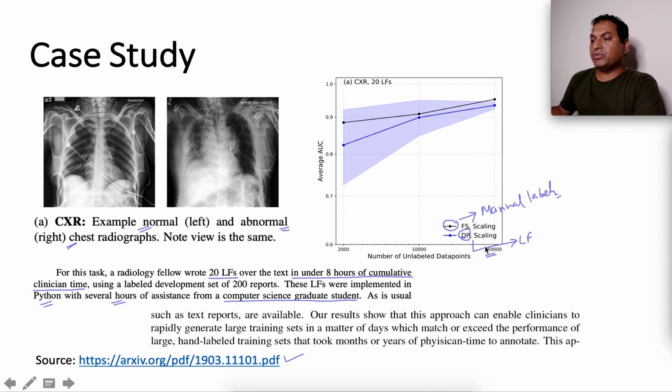And you can see when we generate about 50,000 labels, the accuracy obtained from both approaches is pretty similar, and both of them have an average AUC of more than 0.9. But generating those labels using labeling functions took only a few hours, whereas generating those manual labels took several months or years.